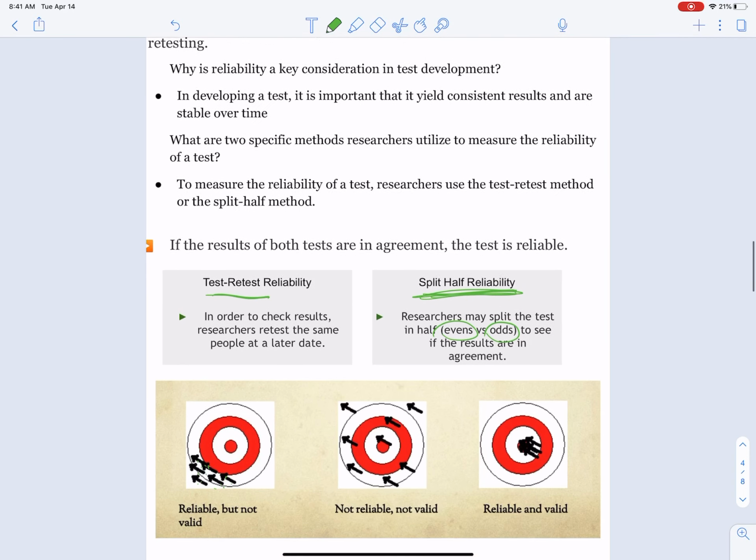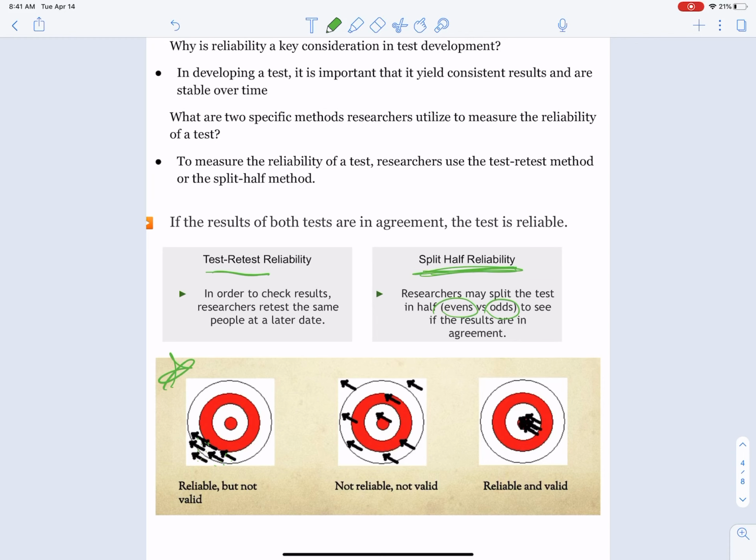Okay, so this is a nice little graphic down here. This one on the left, this bullseye, is very important because it shows that you can have a test that is reliable. You can get consistent results, and that's really, really important. We know that. However, these arrows here are missing the mark.